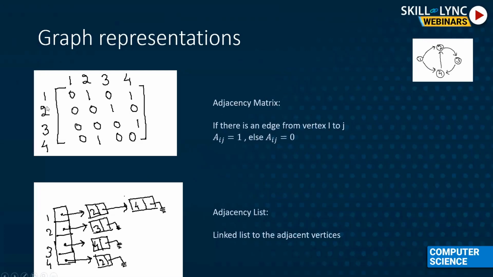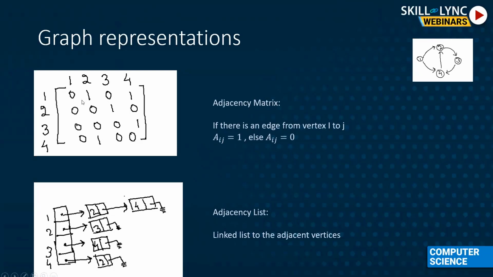Here we represent the nodes on the left hand side, 1, 2, 3, 4. And the same nodes will be represented on the top side as well in the columnar format. And then you will represent 1 in the places where the edge is pointing towards that node. There is an edge between 1 and 2, that's why the 1 is there.